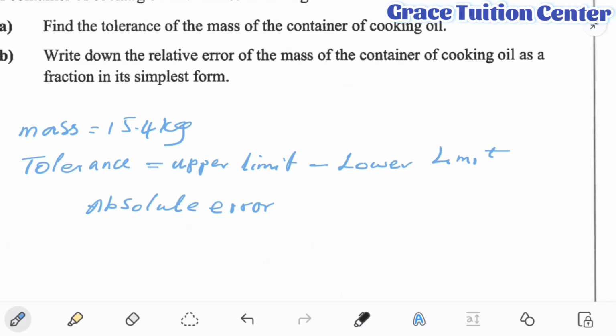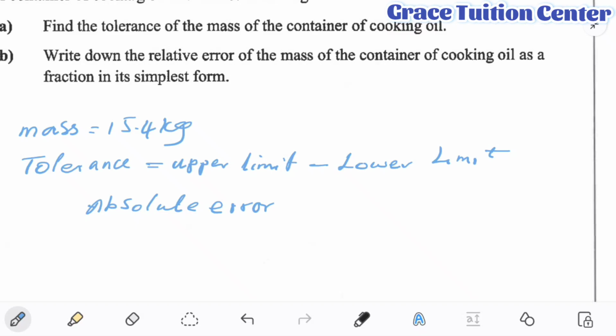It won't be exactly the required amount. So in short, there's always room for what we call an error. That error is what we call the absolute error. In this error, we have the upper limit and the lower limit in terms of making an error. There's how far you can go going up, or how far you can go going down.